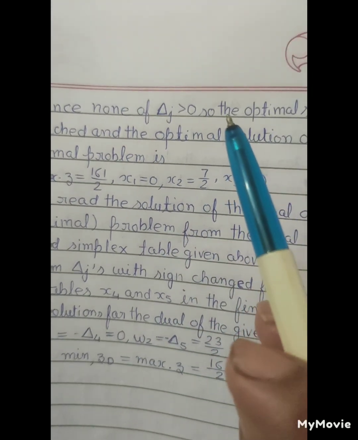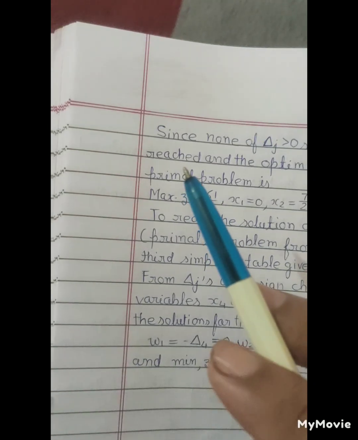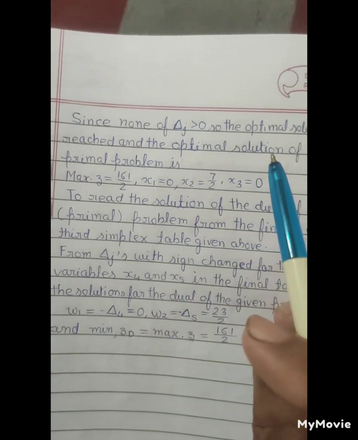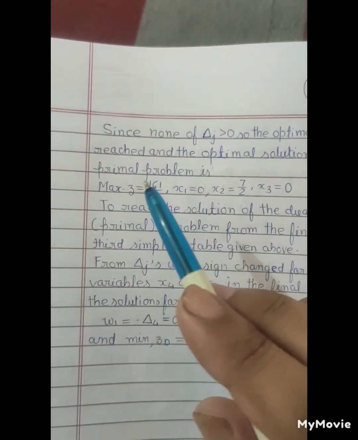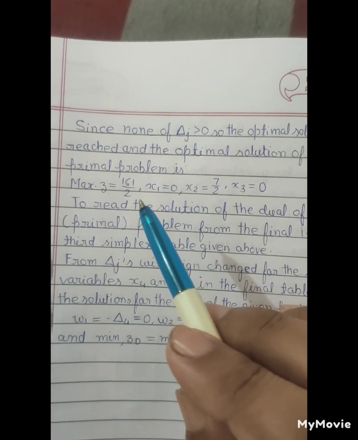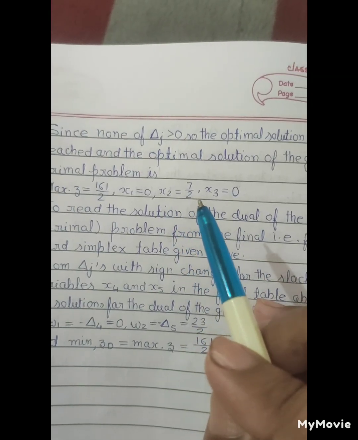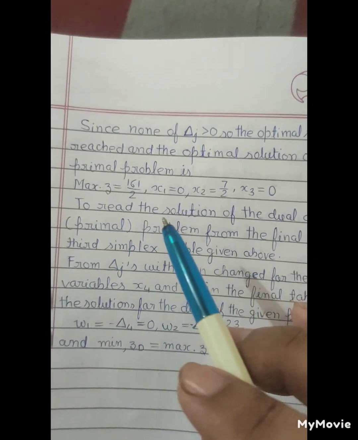Since none of the delta j is greater than 0, the optimal solution has been reached, and the optimal solution of the given primal problem is maximum z equals 161/2, with x1 equals 0, x2 equals 7/2, and x3 equals 0.